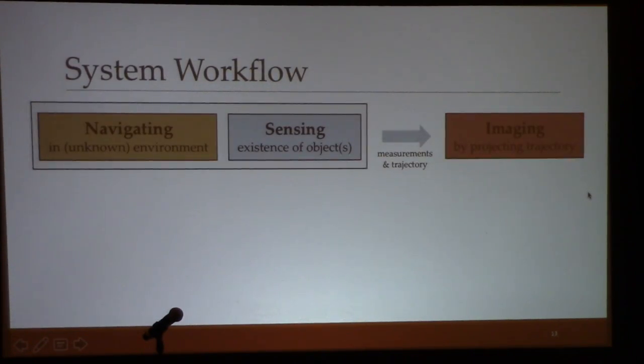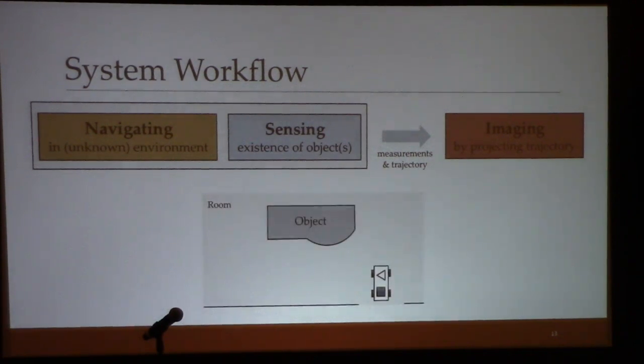The entire system also considers navigation that guides the device to move, and sensing that detects the existence of an object. We only use 60 gigahertz networking radios to do this. And here's an illustration. Suppose a robot just enters the room and there's an object. We first need to scan the environment so we know where to move safely.